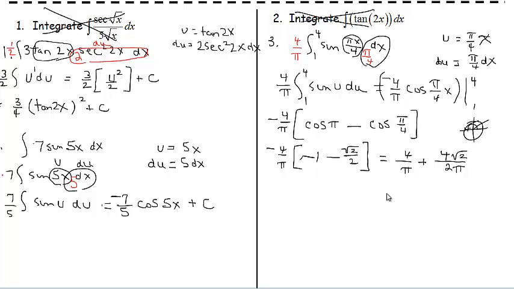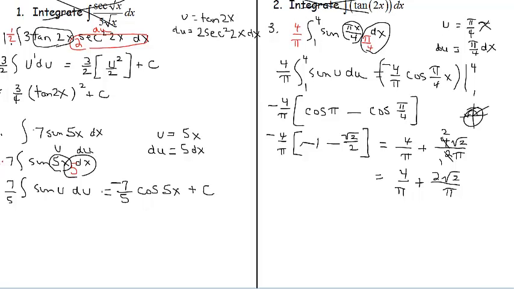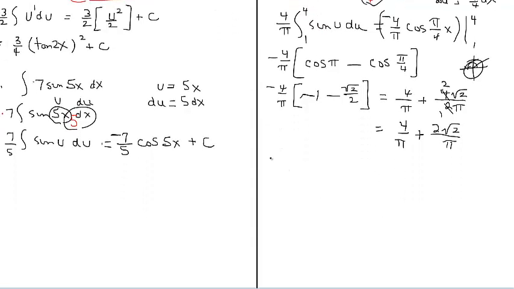We can simplify this if need be. Noticing that we have a common denominator, we could rewrite it as a single fraction, all over pi. There are just many different forms of the answer. We're good here. All right, let's look at example 4.